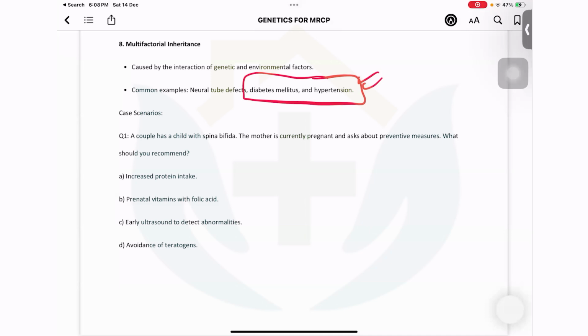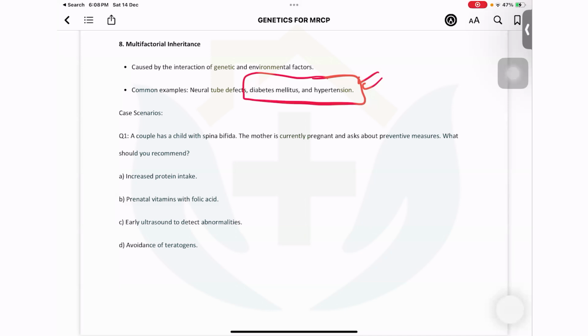Let us take a case scenario: a couple has a child with spina bifida. The mother is currently pregnant and is asking you about preventive measures. Can I prevent my second child from getting spina bifida? What are the chances of my second child also having spina bifida? So, what will you recommend? Increasing protein intake, prenatal vitamins with folic acid, early ultrasound to detect abnormalities, and avoidance of teratogens.